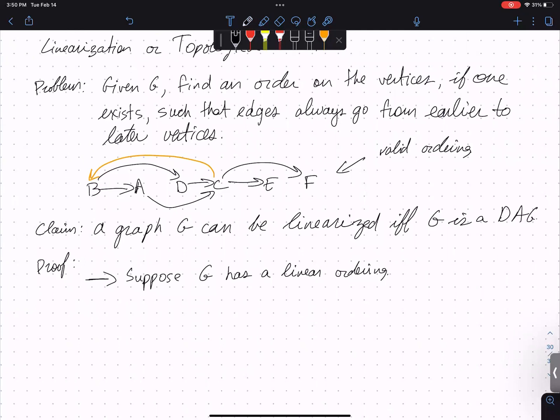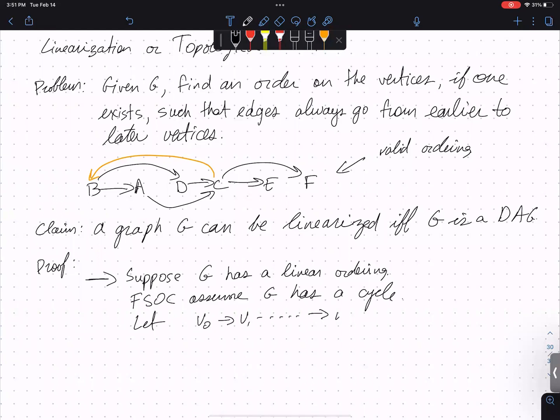So let's do that. We are going to, for the sake of contradiction, assume G has a cycle. And we'll call it V0, V1, ..., Vk, going back to V0. Let that be a cycle.